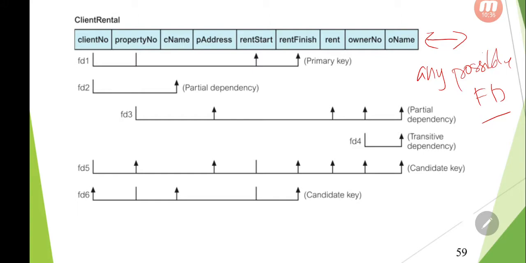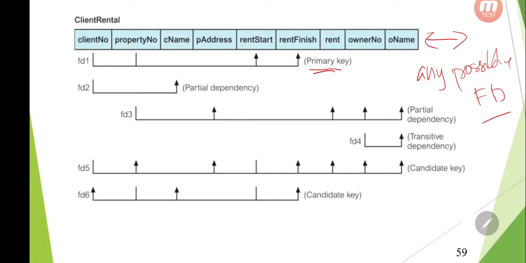So for example, FD1 we have client number, property number, determine rent start and rent finish. This is primary key, because both are the candidate key.